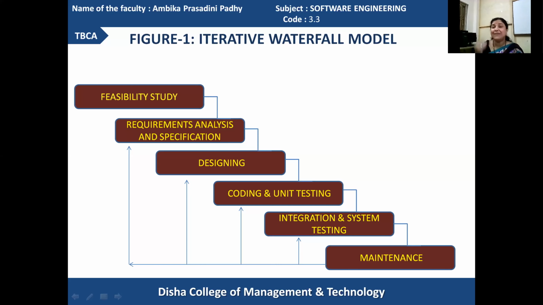If at the time of testing the product we find that there were some difficulties at the requirement analysis phase, due to which the product is not working effectively, because at the time of testing we are able to find the real defects of a product, if the defect is found at the testing stage, then how will we rectify that defect?